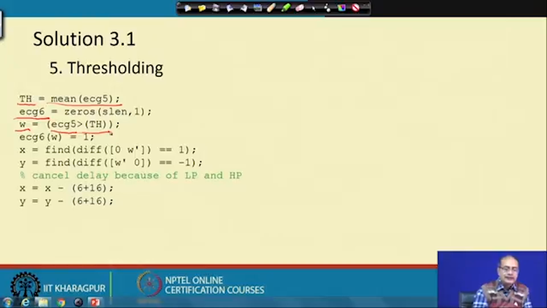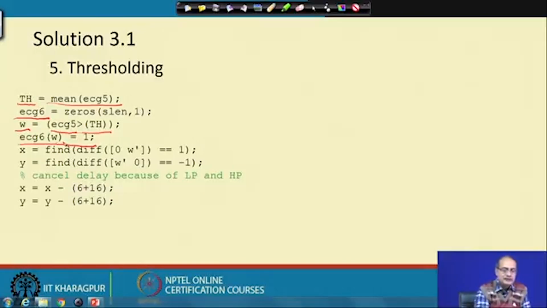And we note that here, and this index is used here to write the signal 1. So, ECG 6 will give 1 when the post value in ECG 5 is above the chosen threshold.